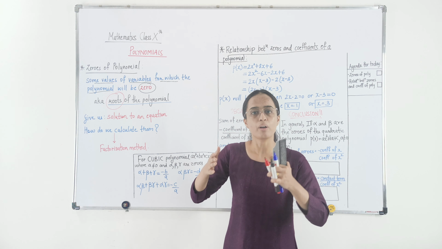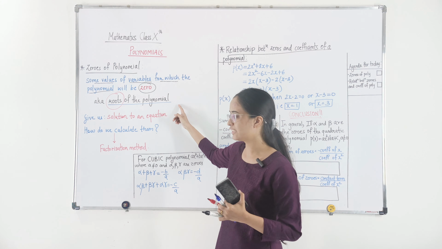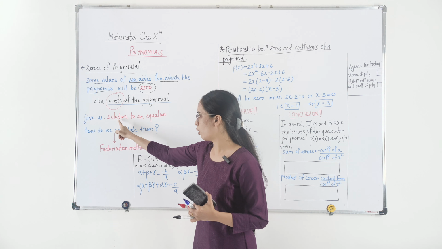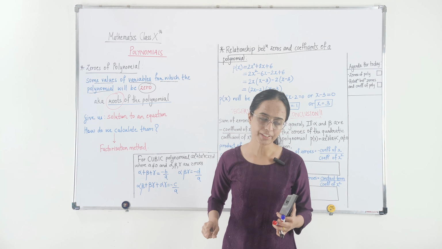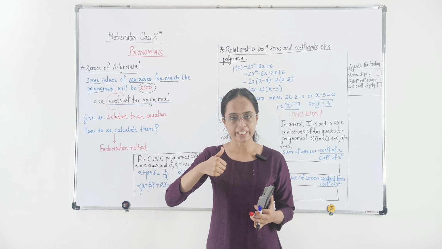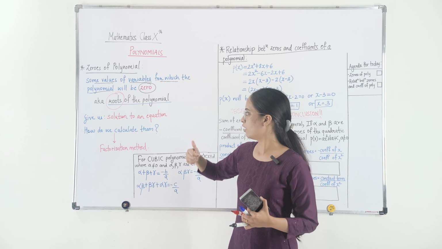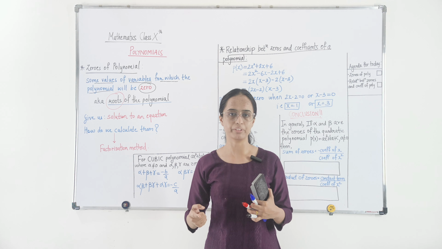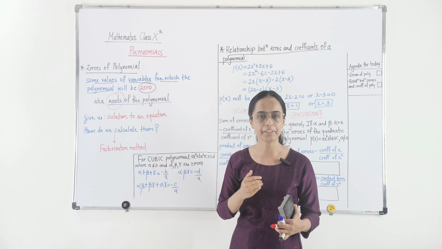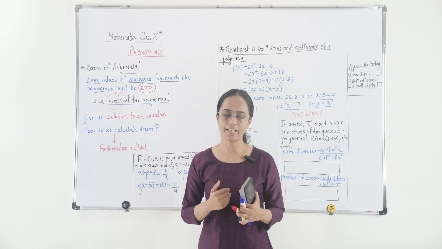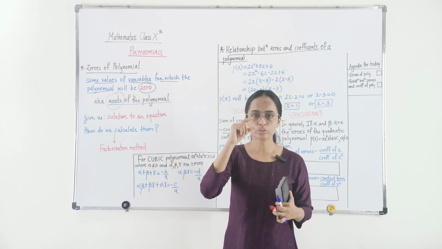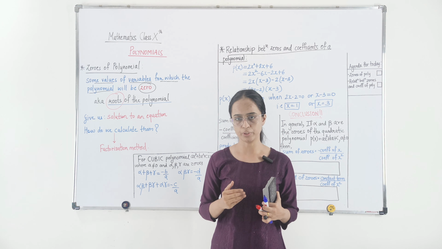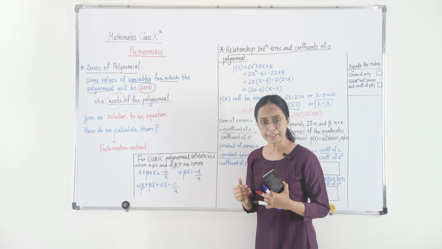And when the polynomial becomes equal to 0, the resultant value that we get is also called the solution to that equation. So whether you say zeros of the polynomial or roots of the polynomial or solutions to the equations, these are three terms that are used interchangeably, and they are nothing but the values of the variables for which the polynomial comes out to be equal to 0.